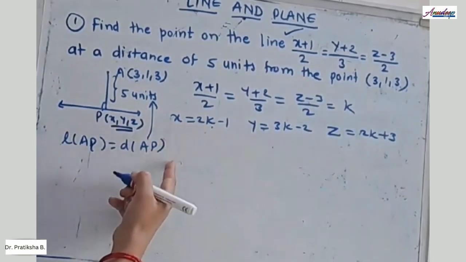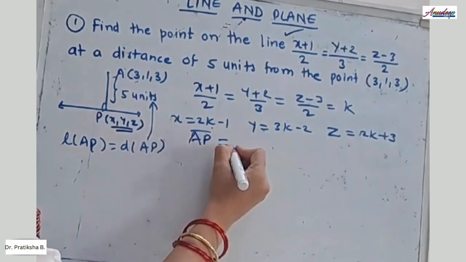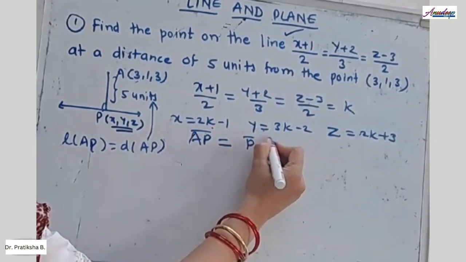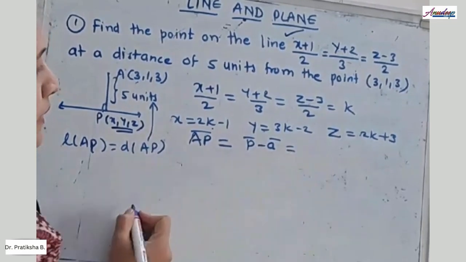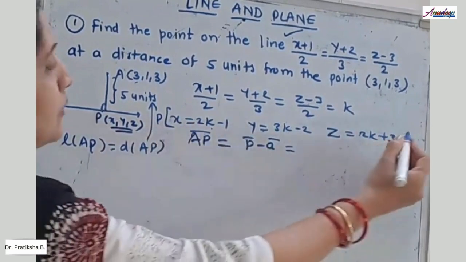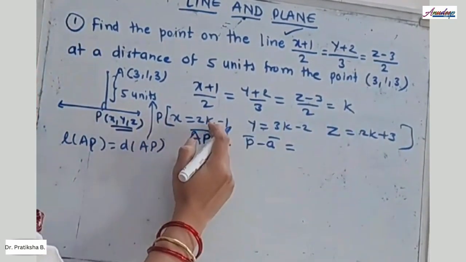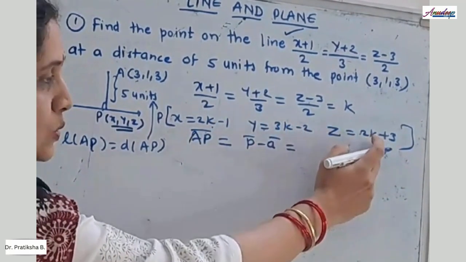Before proceeding further, we need to evaluate the vector AP. As you can guess, vector AP is p vector minus a vector. These are the coordinates of p: x, y, z are 2k minus 1, 3k minus 2, 2k plus 3.